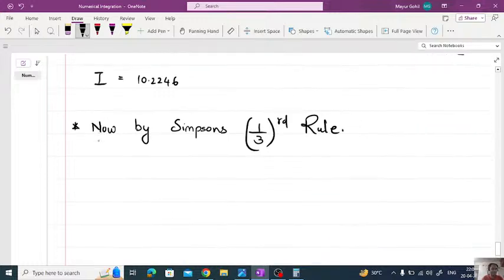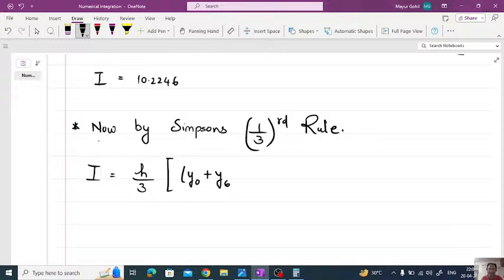By Simpson's 1/3 rule we will get I equal to h by 3. Okay, then there is y0 plus y6. You have your y0 plus y6 in Simpson's rule here, and then there is 2 times the even ones, right?